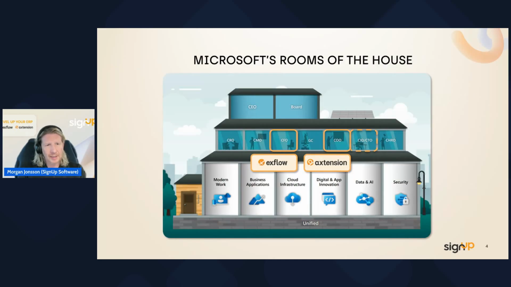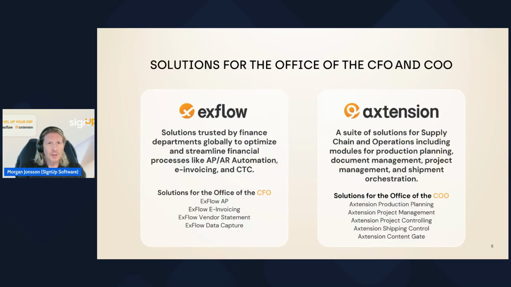So where does the SignUp software solution sit in the Microsoft stack? If you look at the Microsoft rooms of the house, ExFlow is our financial automation in the office of the CFO. Extension is our solution for the office of the COO, more of an operative solution. Within our solution stack of ExFlow, we're going to focus on ExFlow AP and the power of embedded AP automation.